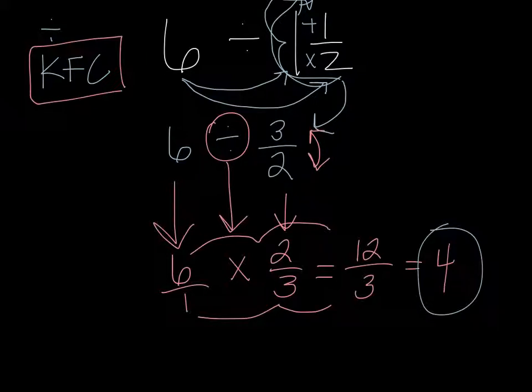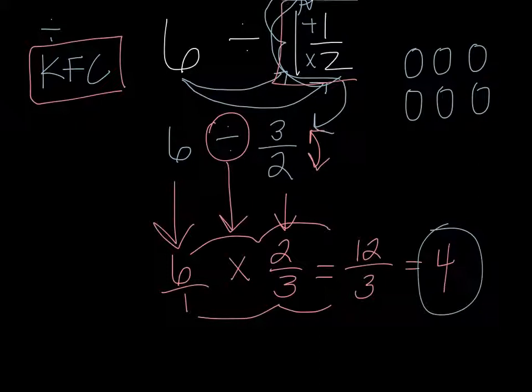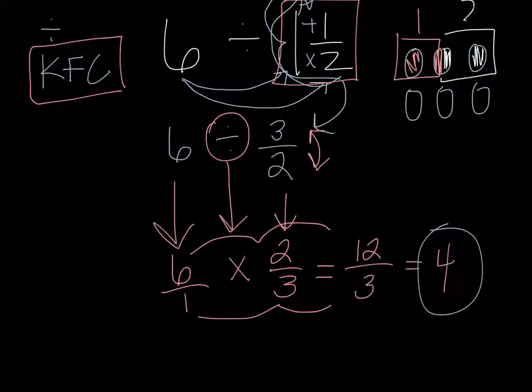If I had 6 objects, and I wanted to put them in groups of 1 1/2, I would take a whole object and a half an object, and that would be one group. Then I could take this whole object and this half of an object, and that would be 2 groups.